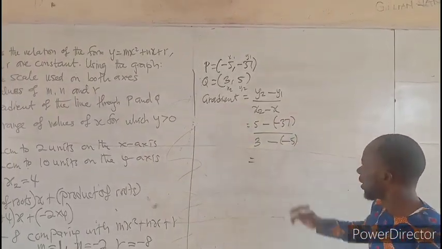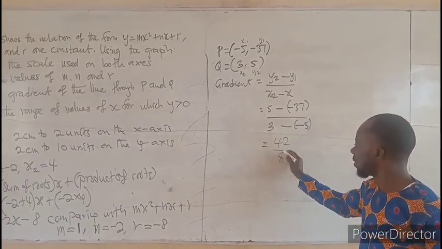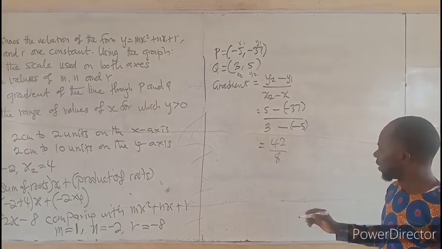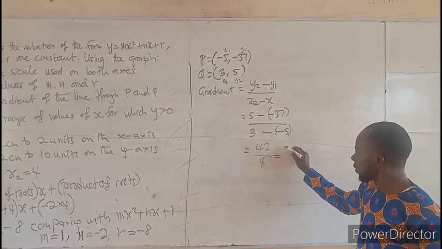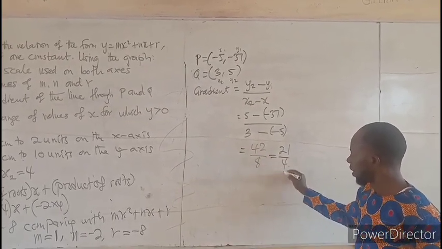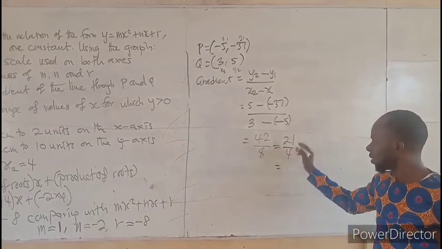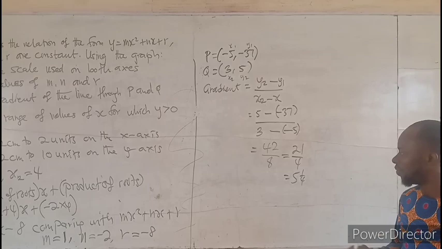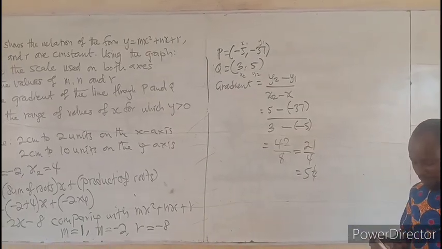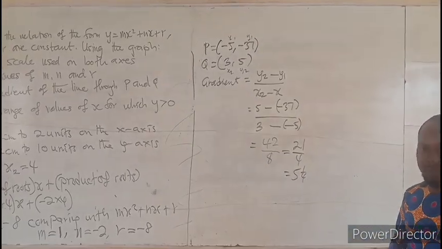So I'll have 42 divided by 8. And that will give us, 2 can go here, 21, 2 can go here, 4. And we get 5 over 4. If I want to leave it in the form of a mixed fraction, you can also write it as 5.025. You can get that. But this is the gradient.